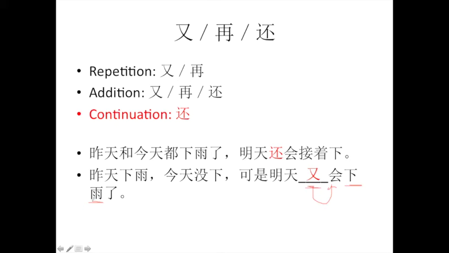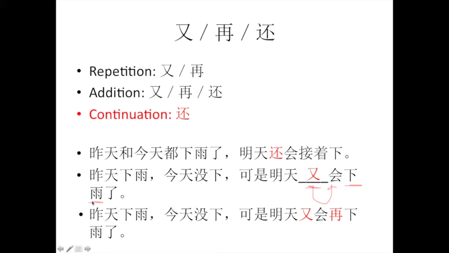Some people might even say, 昨天下雨，今天没下，可是明天又会再下雨了。又 tells us that the prediction has already existed. And 在 indicates that the action 下雨 will occur tomorrow. It hasn't occurred yet, so we use 在.